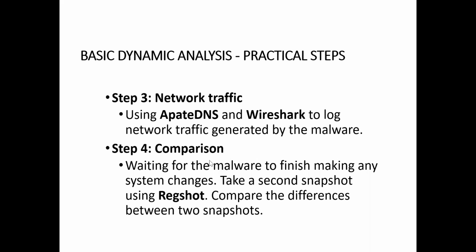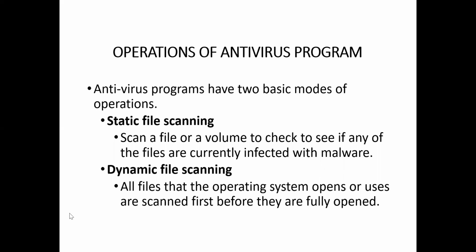Then do the comparison. Regshot has a good feature for comparison of the snapshots, just to see what has changed. This will pick out those items that have been added, deleted, and those that are actively running. And of course, here they're reminding us that antivirus programs have two basic modes: the static mode, and the dynamic file scanning.